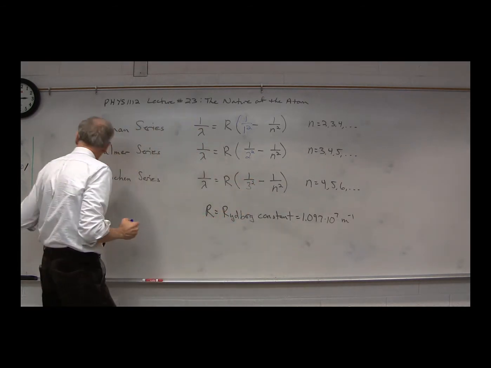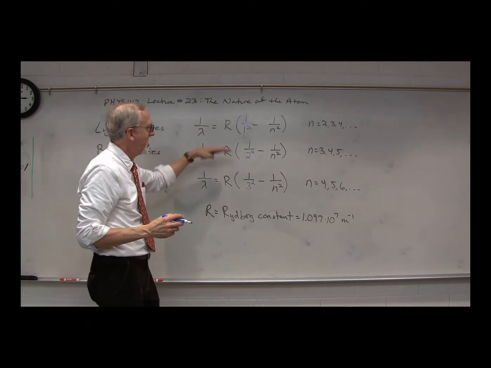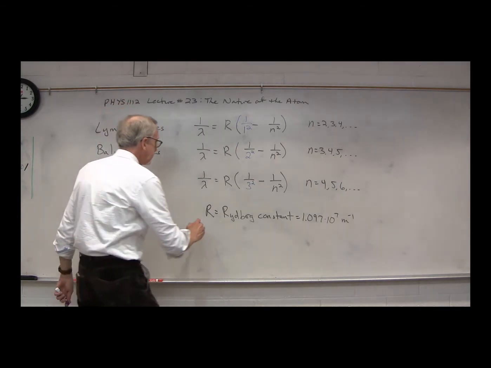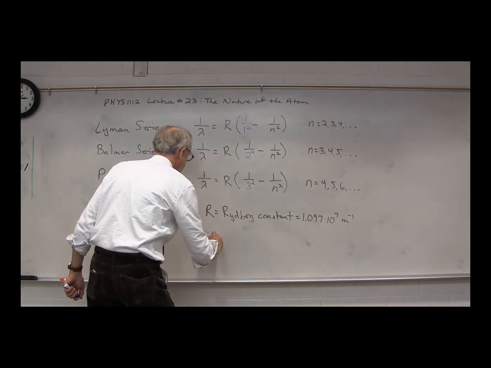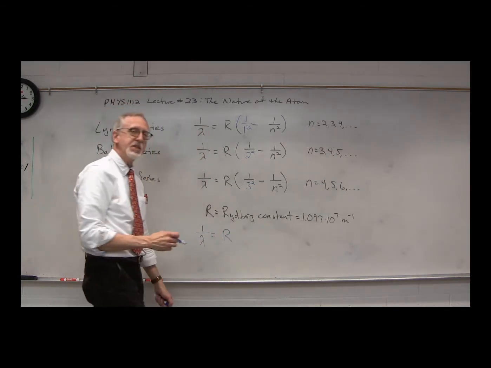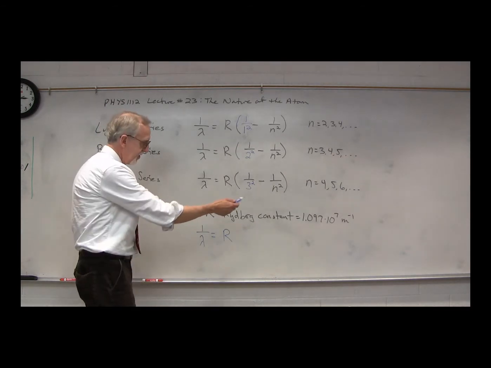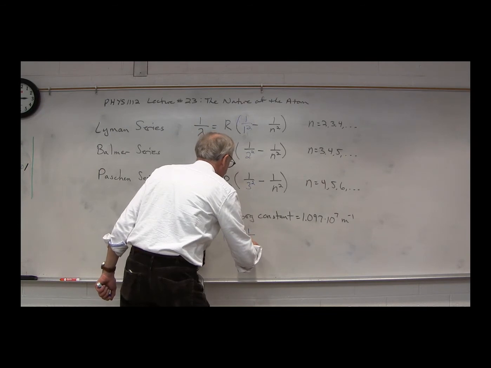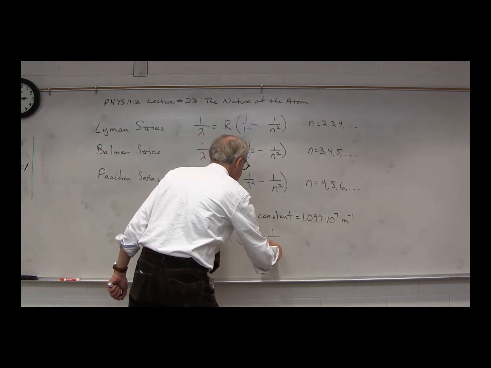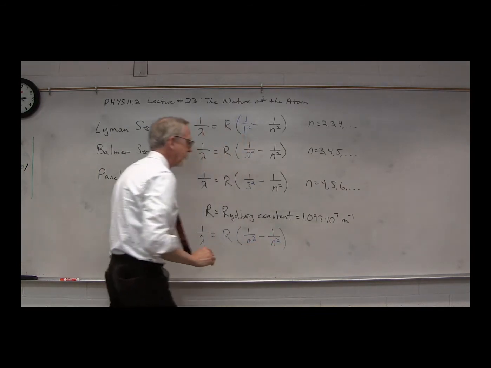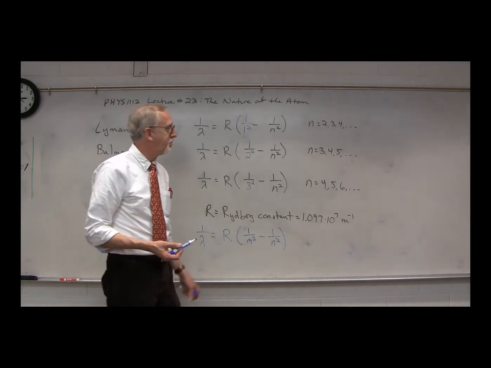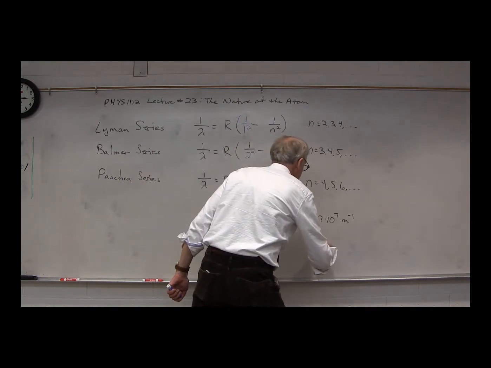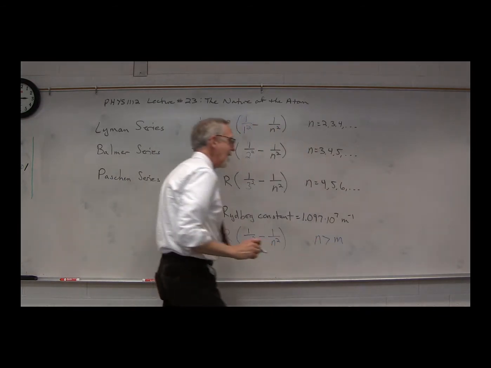It turns out that we can write a single equation for every line in all of these series. It's 1 over lambda equals R, the same Rydberg constant for all of the series, times 1 over m squared minus 1 over n squared, where m and n are both counting numbers, but n is always greater than m.